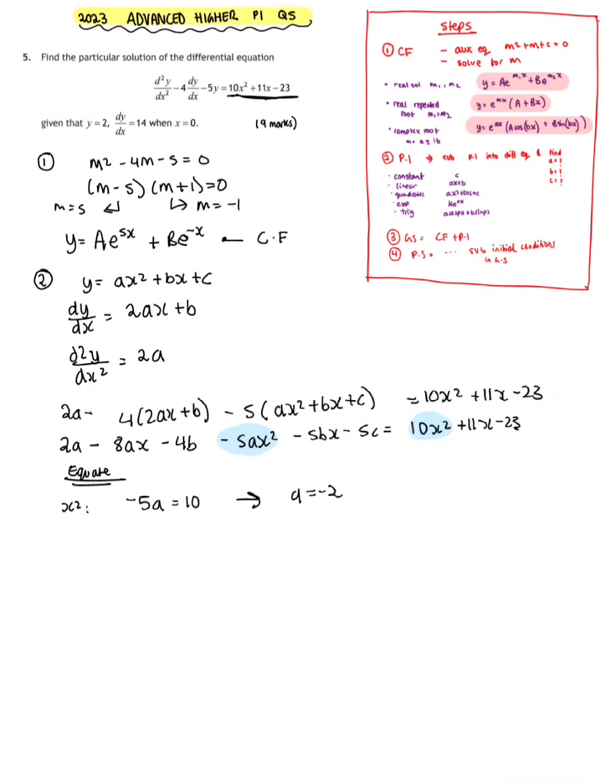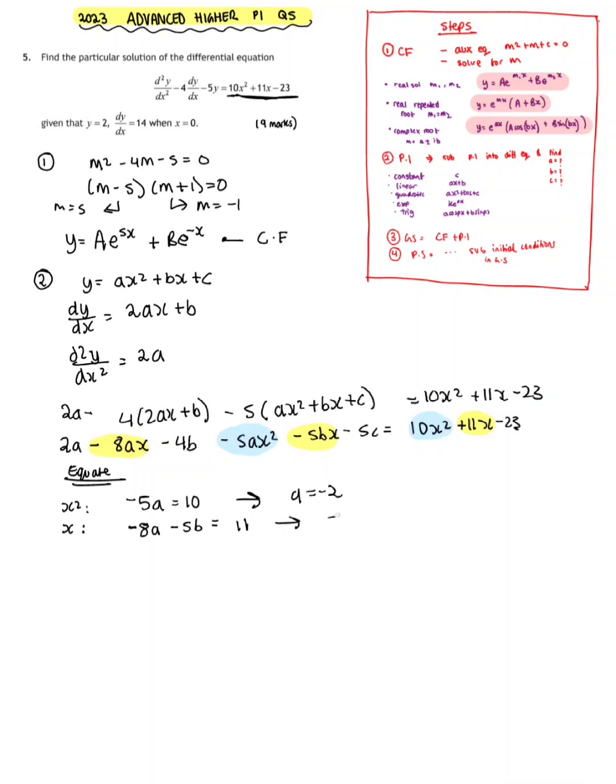Next we want to get our x values. So our x values, I'll use a different color. So we have minus 8a minus 5b equals 11.